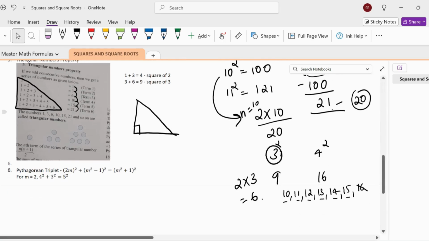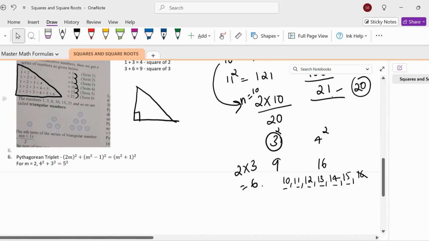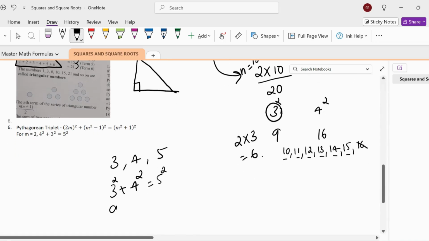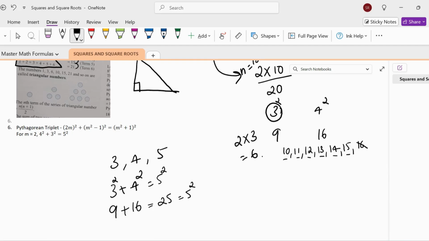Now the last property is your Pythagorean triplet. The very common Pythagorean triplet, when somebody is asking you to write an example of Pythagorean triplet, you can say 3, 4, 5. Because 3 squared plus 4 squared is equal to 5 squared. 3 squared is 9, 4 square is 16, which adds up to 25, which is 5 squared.